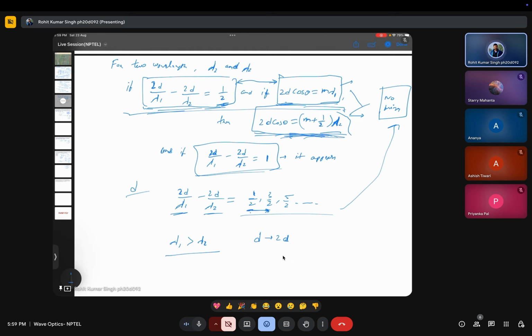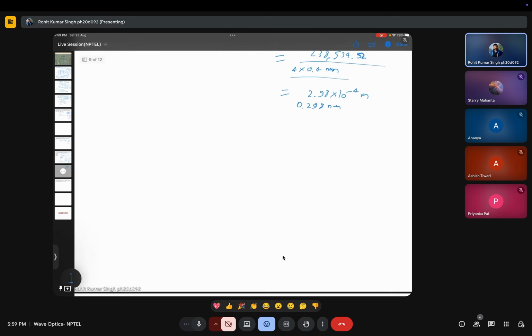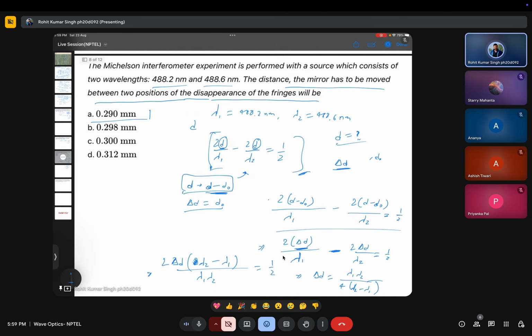The opposite happens if lambda 1 is less than lambda 2: you have to increase d. That's how you can put minus and plus here. So if you consider lambda 1 to be your lower wavelength, like this is 488.2 and lambda 2 is 488.6, then you have to increase the distance, right?